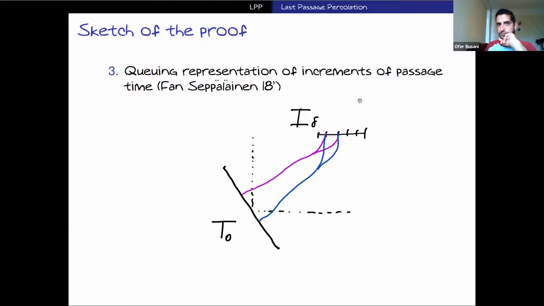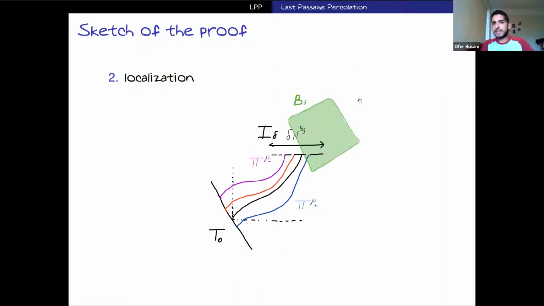Can you please repeat what I delta was again? I delta is an interval of size delta n to the 2/3 that is located close to B delta, to the green box. I want to make sure that once you enter B delta, you have crossed this small interval.